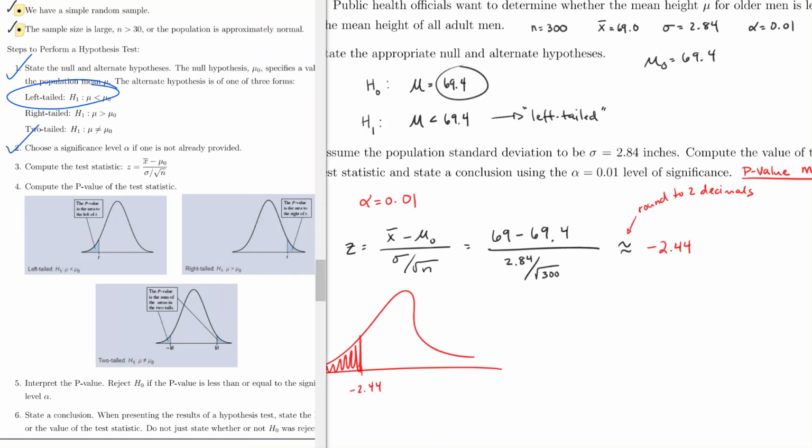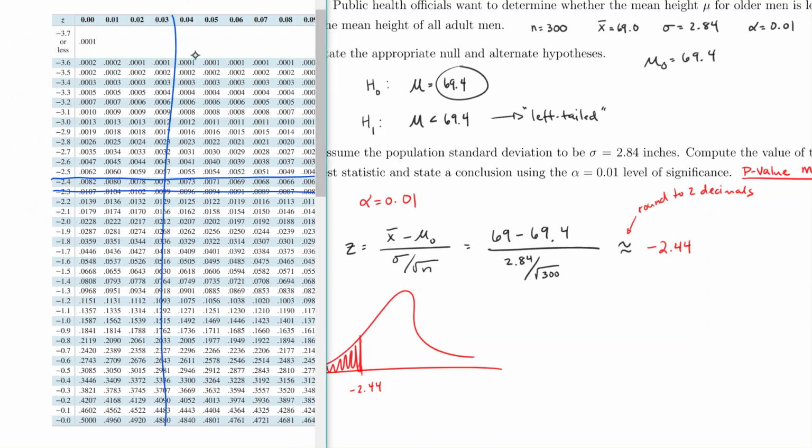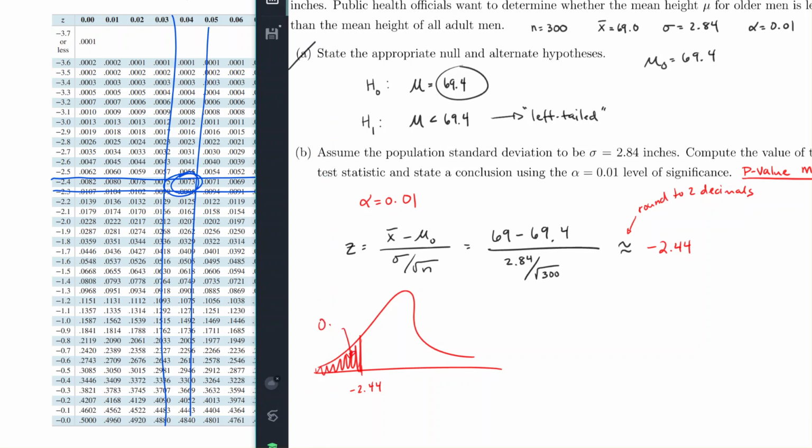So if I look at my cumulative distribution chart, at negative 2.44, here's my negative 2.4 row, my 0.04 column, and we see the area. It might be hard to see on the screen, but if you are looking at your own chart, you'll see that it is 0.0073. So that is my p-value. So my p-value is 0.0073.